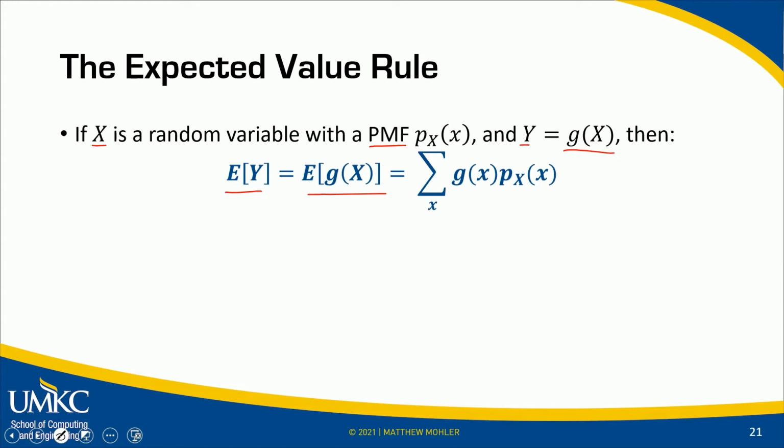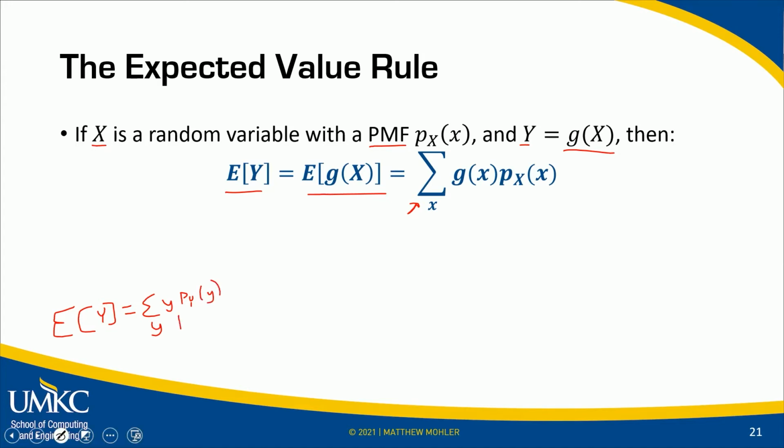Now, where this becomes beneficial is the ability to translate an expected value of y into something that iterates over x. You may remember that the expected value in general is this: the expected value of some random variable y is equal to the sum over all possible values of the random variable y of the specific value, lowercase y, multiplied by the probability mass function for y at the specific y.